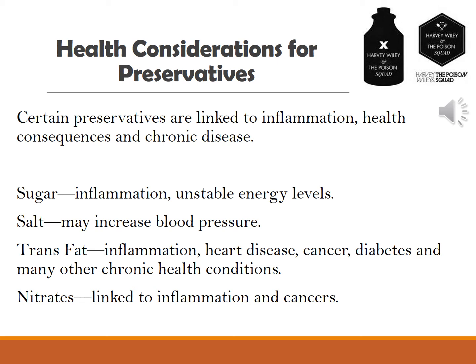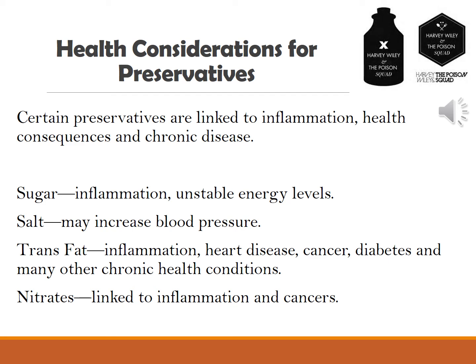So the ones that we have today, again, they're much better than the ones from the early 1900s when the Poison Squad was around and needed to be in place to determine whether certain additives were bad for foods. But the ones that are in our system today, things like sugar. Sugar can cause inflammation, and if it is too high, can lead to unstable energy levels.